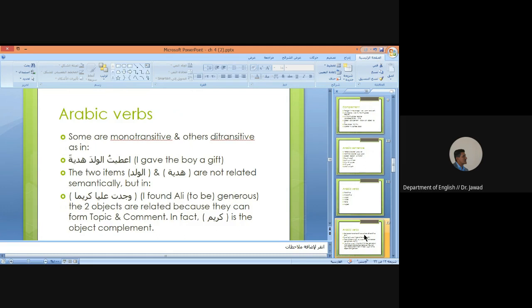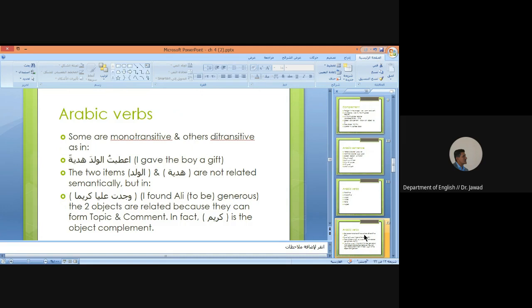Now, Arabic verbs, when there is an object, we have some verbs which are monotransitive. And when we say that such a verb is mono, it means it takes what? Takes one object.